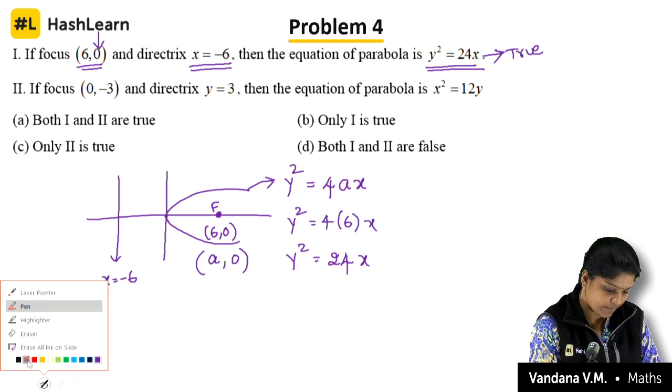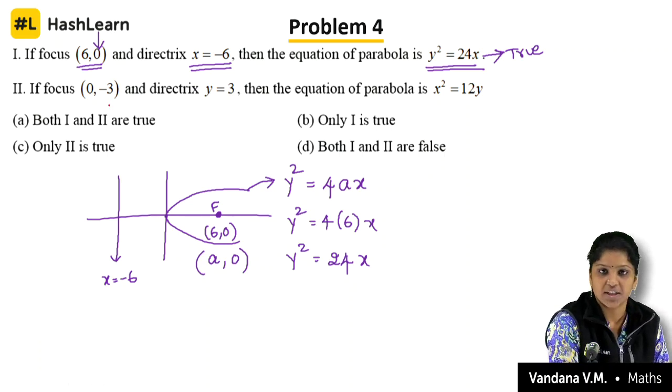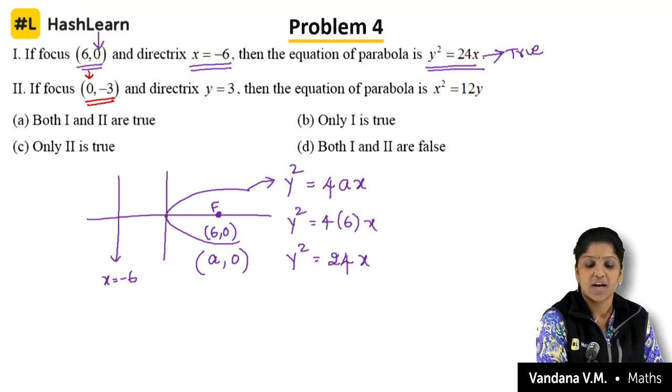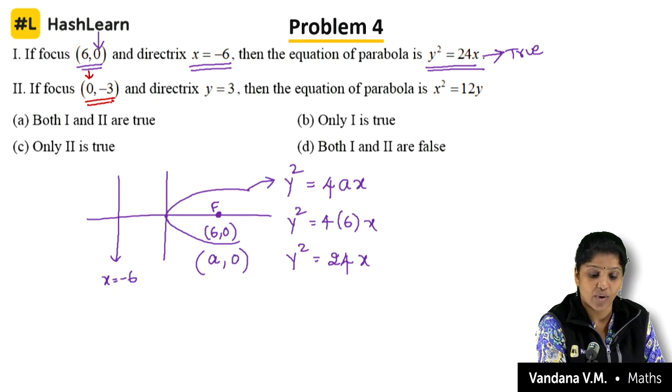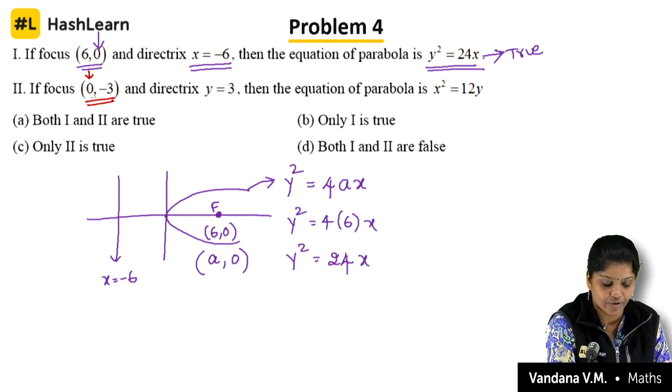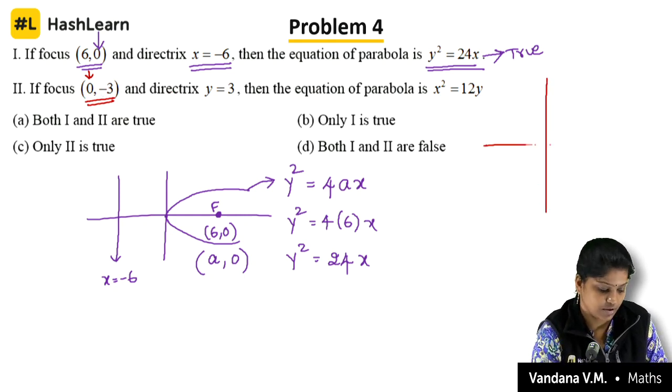Do the second one. If the focus is 0 comma minus 3, which coordinate is becoming 0? The x coordinate is becoming 0, and see the y coordinate. It is on the negative side of the y-axis.